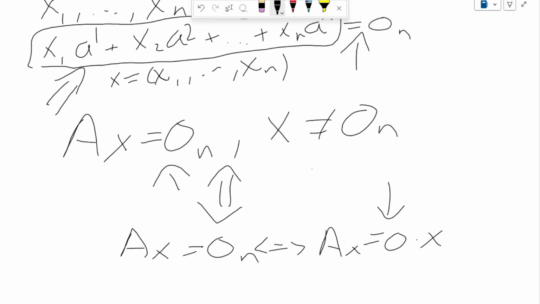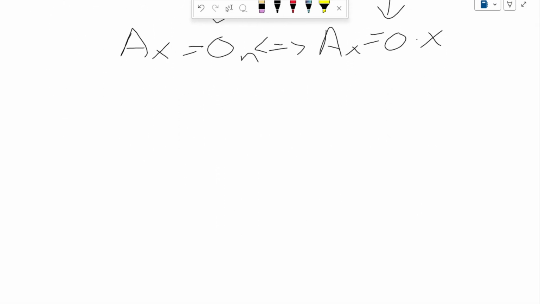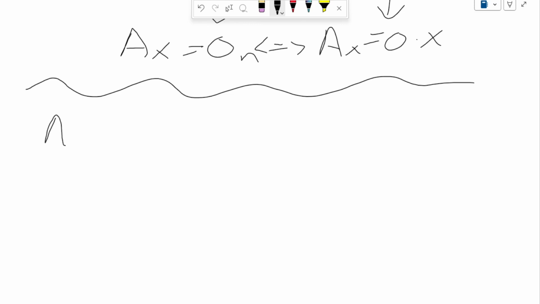But there's one more step to get to what's called the invertible matrix theorem, or at least part of it. Let's stop this discussion here for a bit and talk about a matrix inverse. So suppose there's some matrix A inverse such that A inverse times A equals I, right?